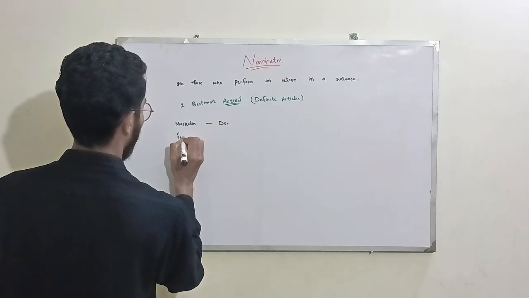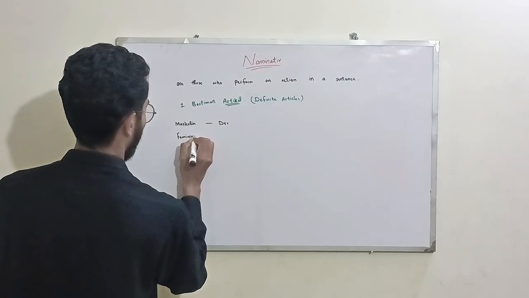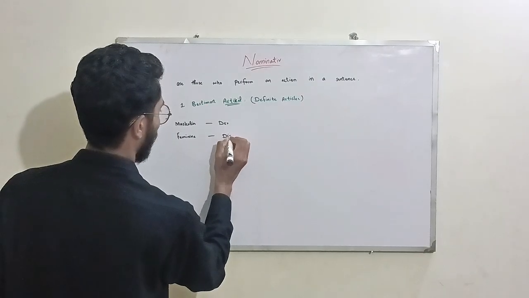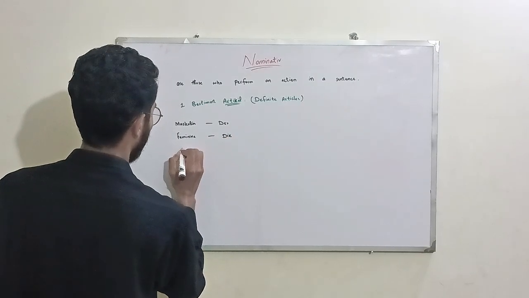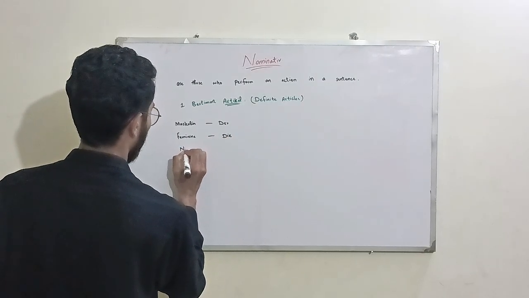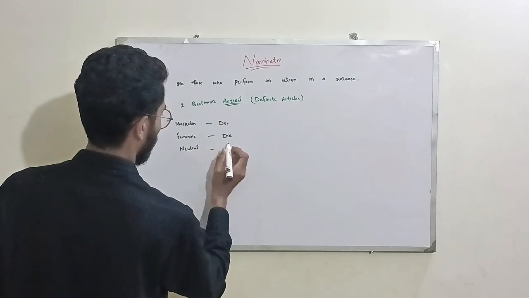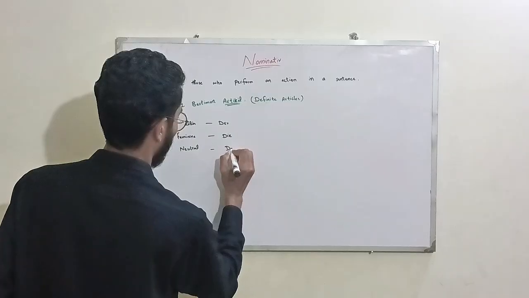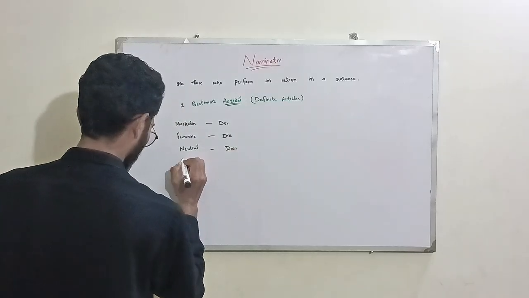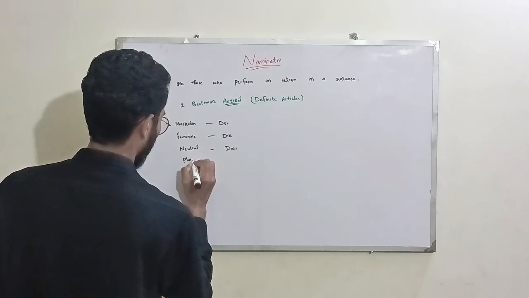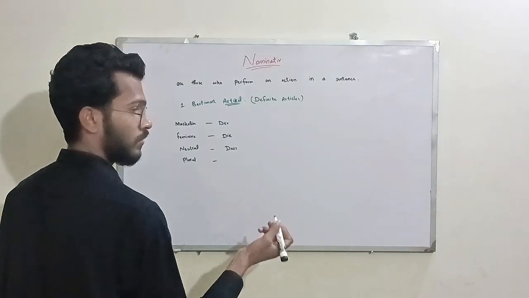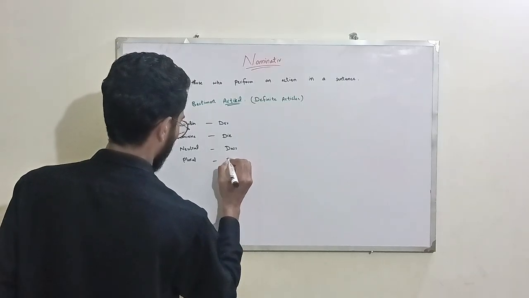For feminine, we use the article. And for neutral, we use das article. And for plural, we use the article.